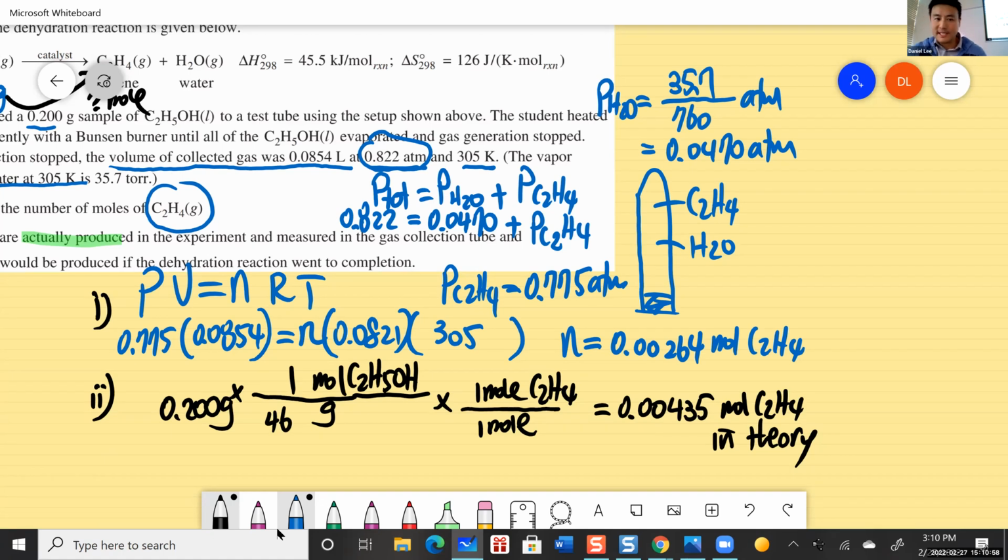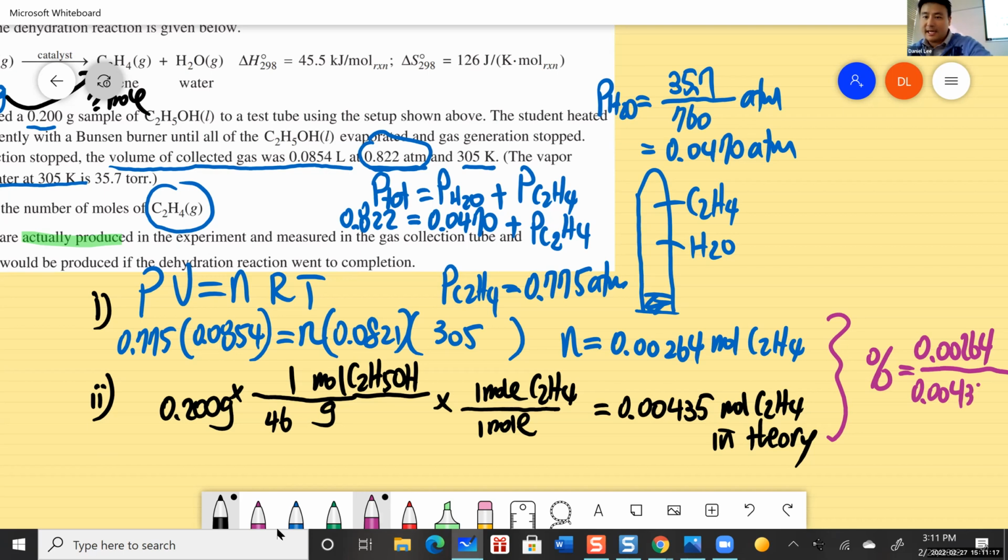So what is the percent yield? That's the next natural question. My percent yield will be how much I actually got, which is 0.00264, divided by how much I should be getting, which is 0.00435.